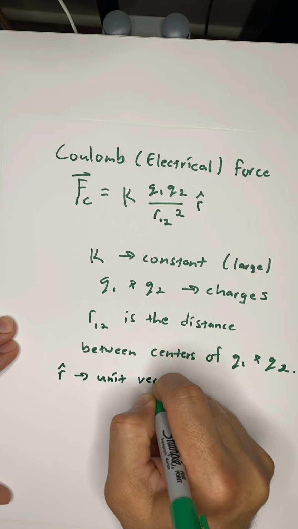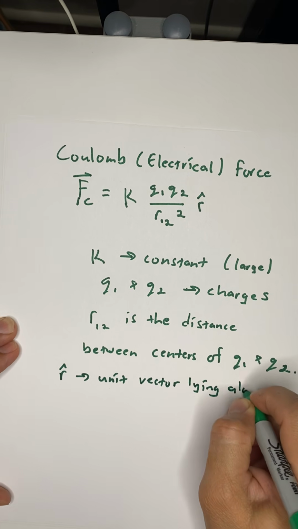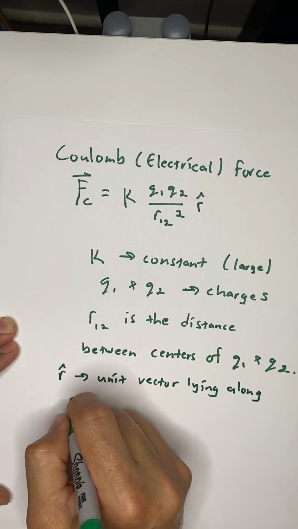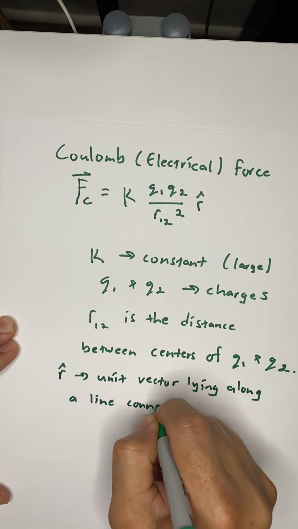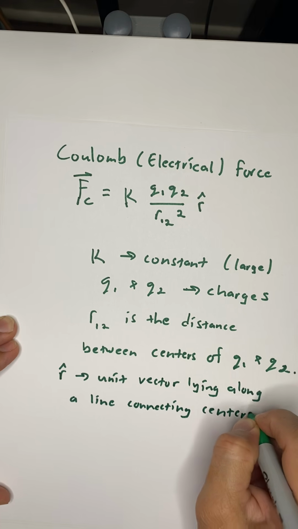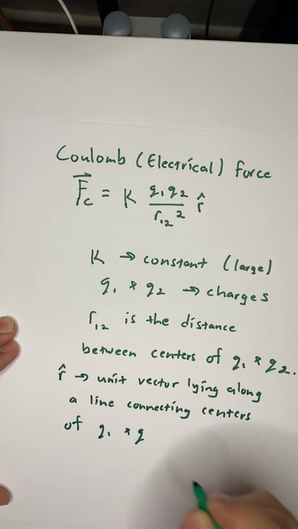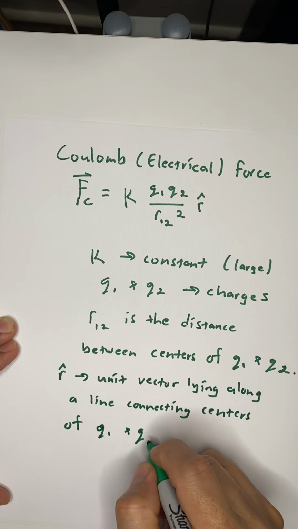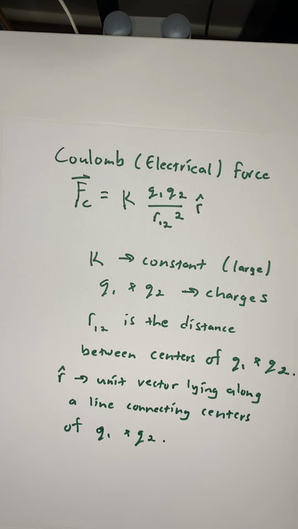Unit vector lying along a line connecting the centers of Q1 and, with the Sharpie, my Q's look like G's, Q2. That is to say, if you draw a line between their centers, the R hat vector points along that line.